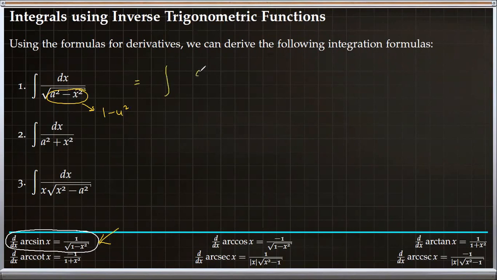This becomes dx over the square root of a squared. Now, if we factor out a squared from the first term, we are left with just 1, and from the second term, we will have x squared over a squared.